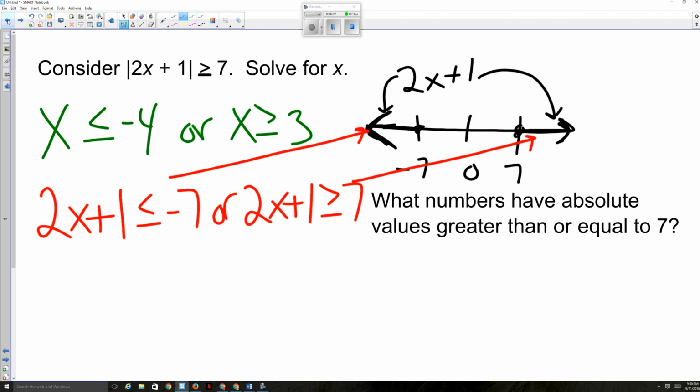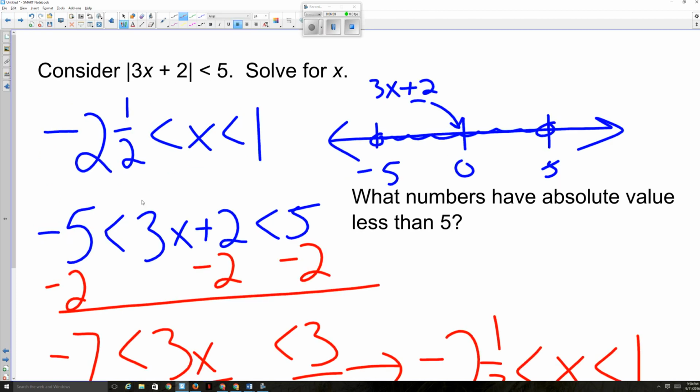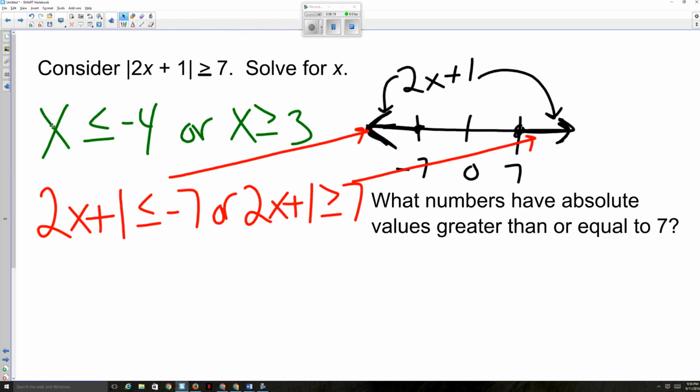When we have less than, we can write one inequality here. But when we have greater than, we're going to have two of them. We'll start here. Okay? So now when we solve this, we'll subtract 1.